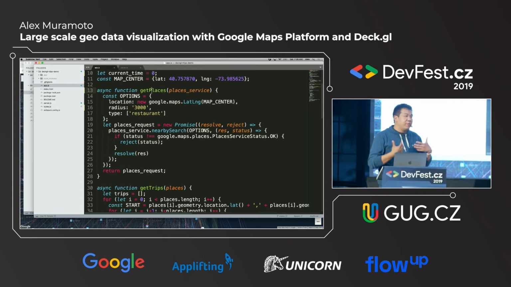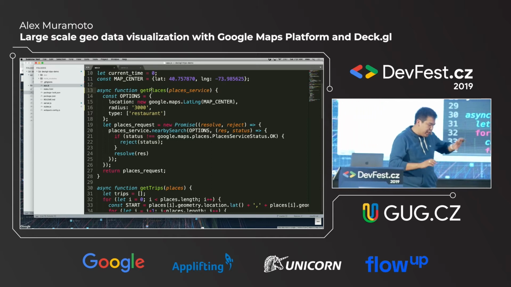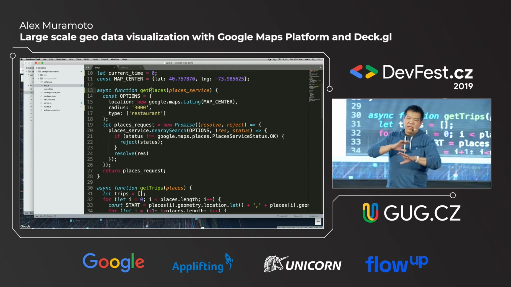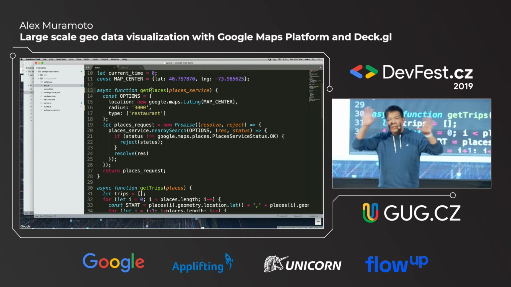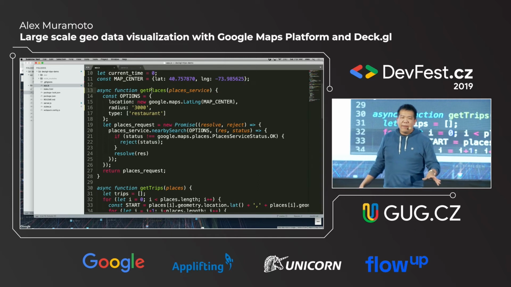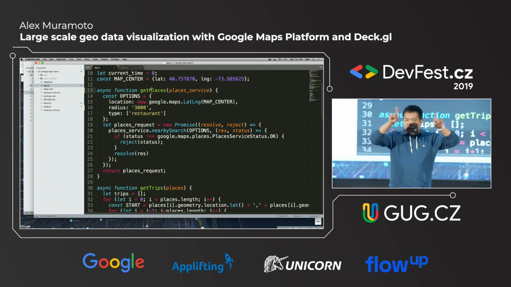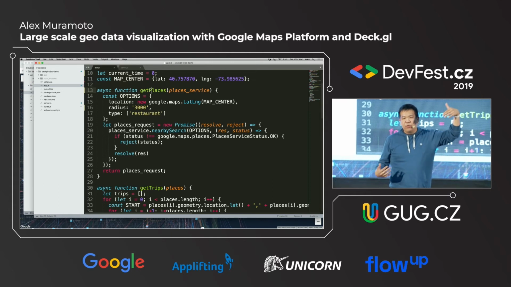So essentially, what I'm doing in this particular one is I'm using our Places API. I'm generating 10 different restaurants around the center point of the map. And then I'm using our Directions API in order to generate directions that connect each point to each other.